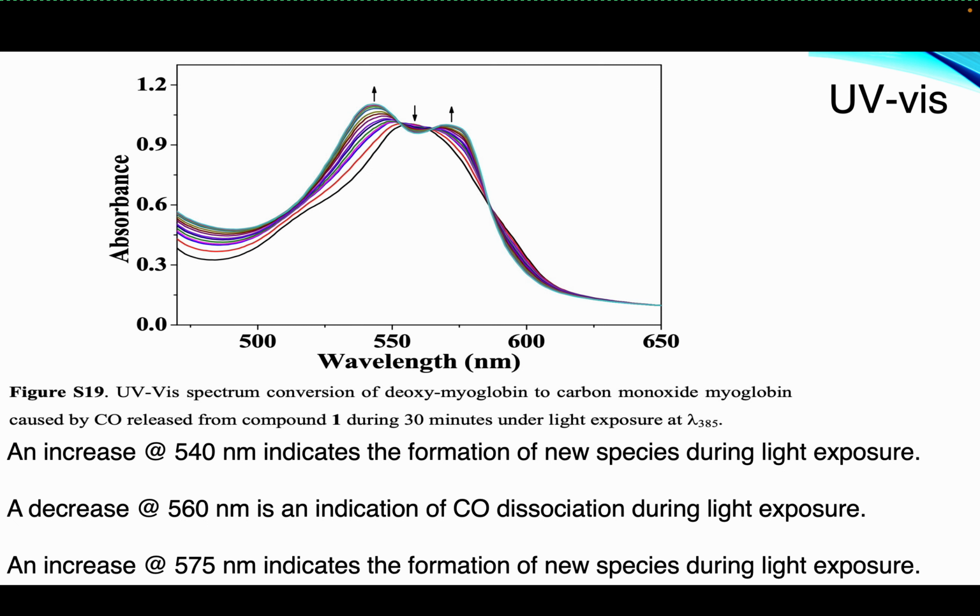At 540 nanometers, there was a peak indicating the formation of a new species. Then there was a little bit of a drop at about 560 nanometers, indicating the carbonyl dissociation during the light exposure, and then a peak again at 575, indicating the formation of the new species during the light exposure.